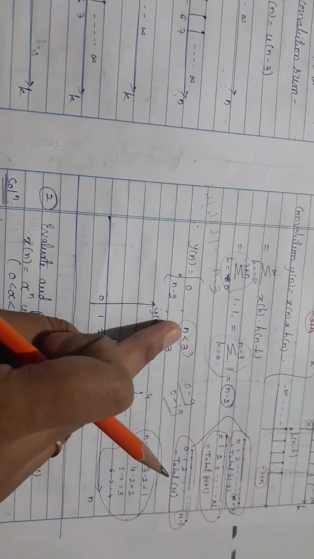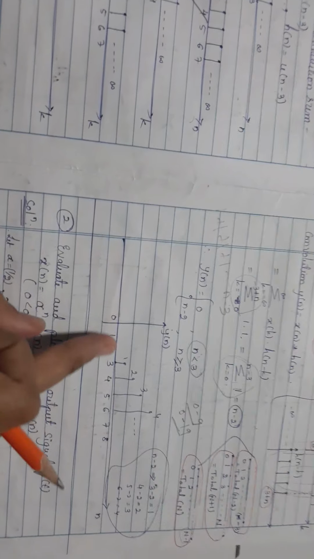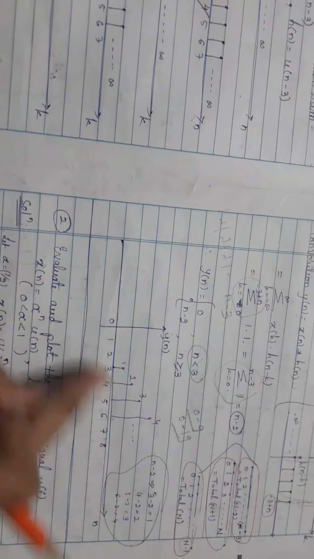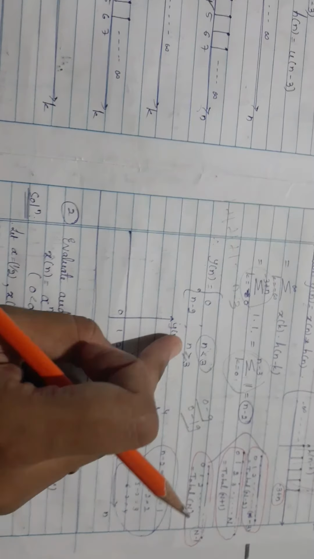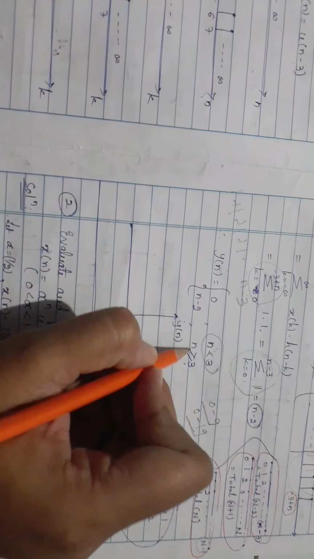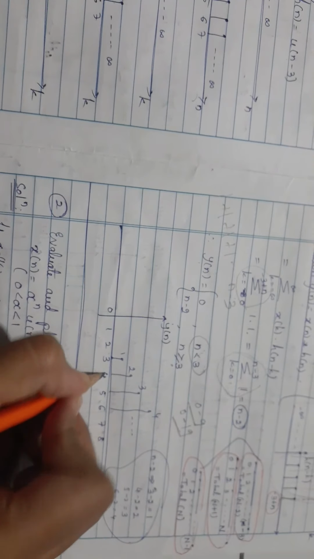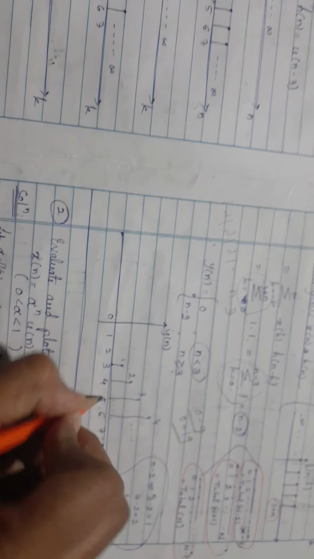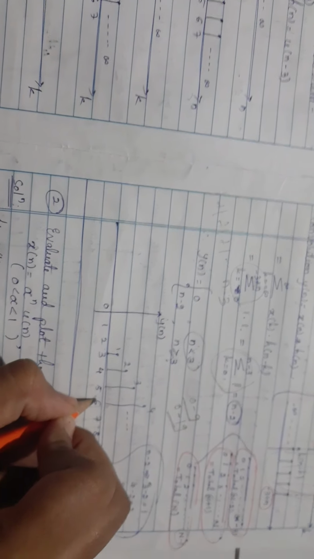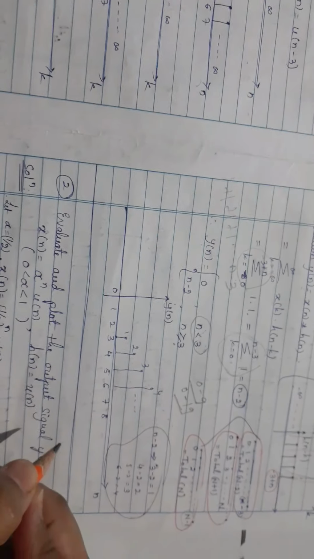The range is starting, see, n less than 3. Till 3 you are not getting any value, it is 0. After that, n equal to or greater than 3, the output is n minus 2. So put n value starting from 3, 4, 5, 6. If it is 3, 3 minus 2, 1. Then 4 minus 2, 2. 5 minus 2, 3. 6 minus 2, 4. Like this, the signal grows.